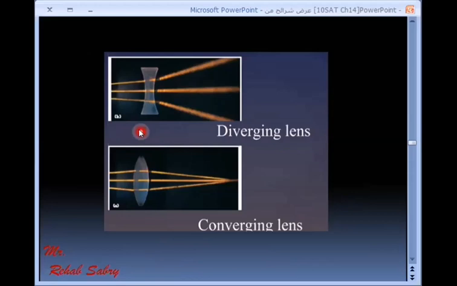Okay, it's very important. In mirrors, the convex is diverging, but in lenses, the opposite: the convex is converging.